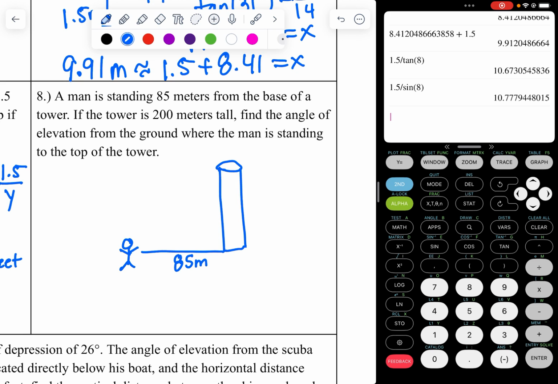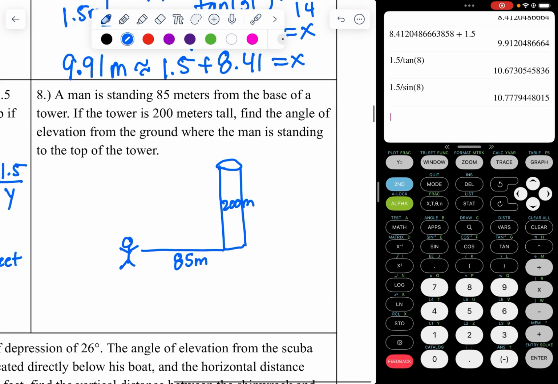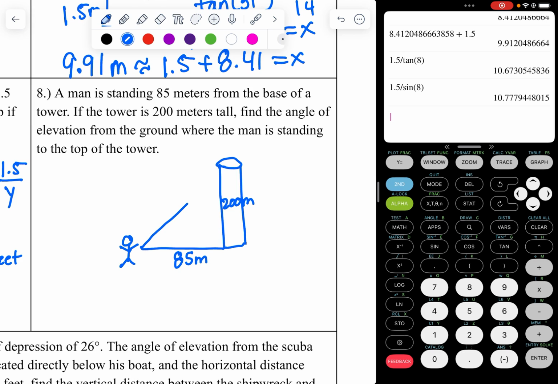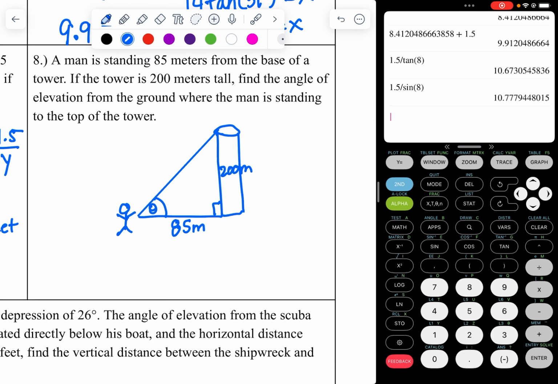If the tower is 200 meters tall, find the angle of elevation from the ground where the man is standing to the top of the tower. All right, we have opposite and adjacent, so we will use tangent. So the tangent of this unknown angle will equal the 200 divided by 85.